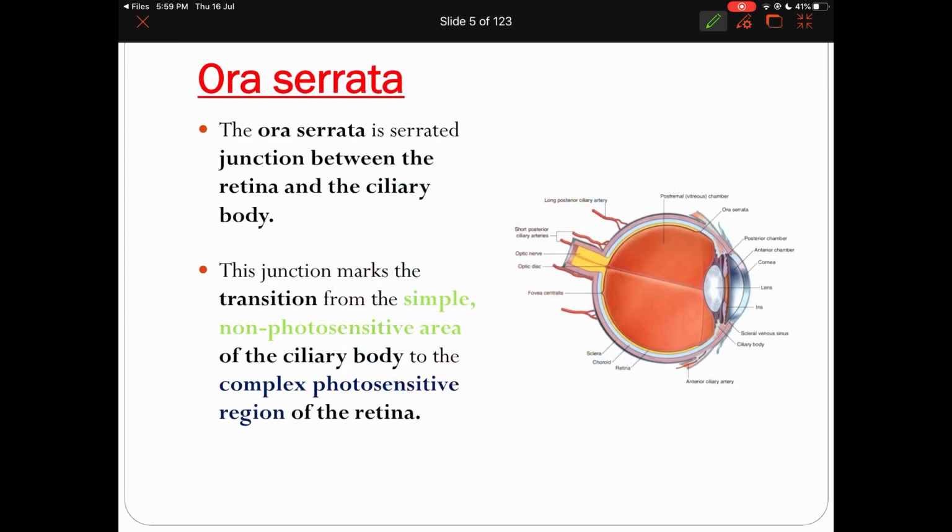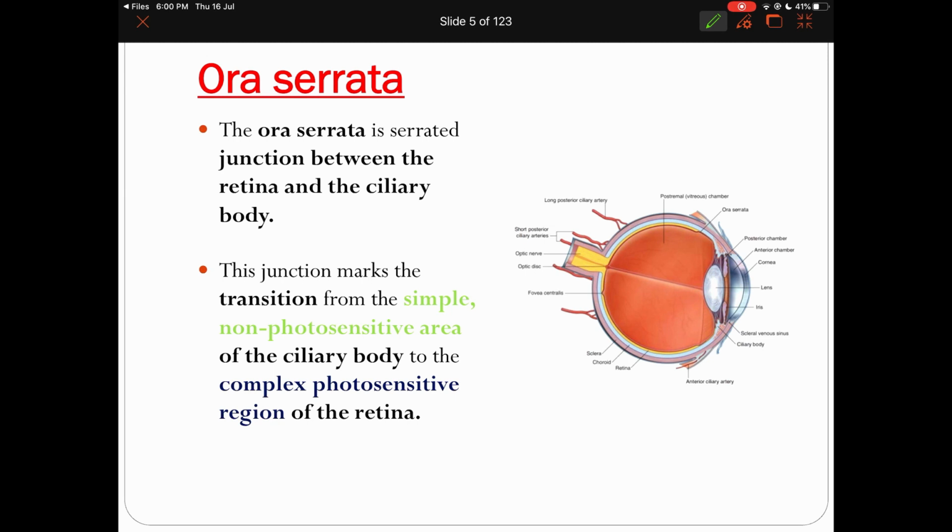Ora serrata, you have already seen. Ora serrata is the junction between the light insensitive and the light sensitive area of the retina, non-photosensitive and photosensitive. The non-photosensitive area is the simple retinal pigmented epithelium, but the complex photosensitive region of the retina is the neural layer, and both undergo transition from each other at the ora serrata.